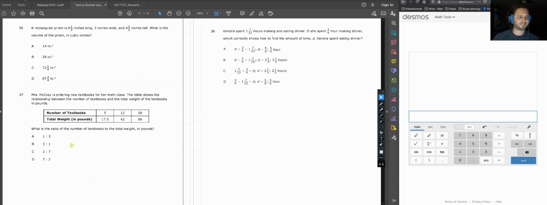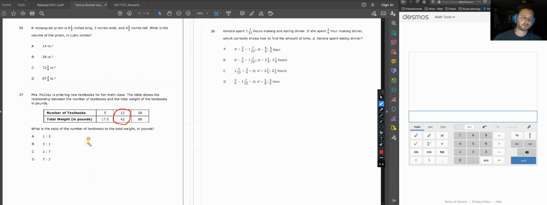For number 37, it is asking for a ratio of the number of textbooks to the total weight. It's tempting to use the first ratio we see, but because those have decimals, not whole numbers, it makes it tricky. Look at a different section that has whole numbers.